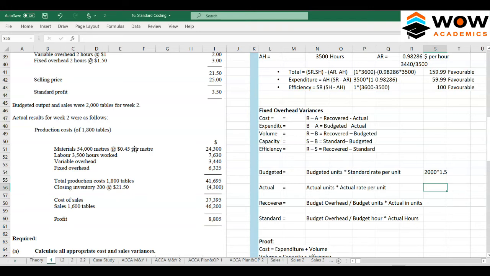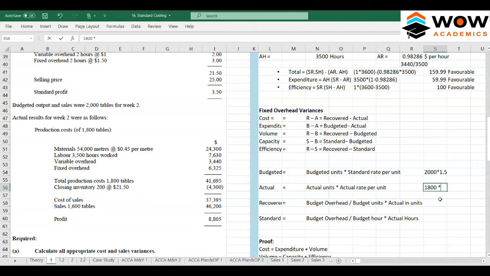Let's go to the actual units produced, which is 1800. We get it from here, into the actual rate per unit. Actual rate per unit, fixed cost, are we getting it anywhere? We don't actually need to find this out at all, because the number is actually given. The actual fixed overhead is 6325.